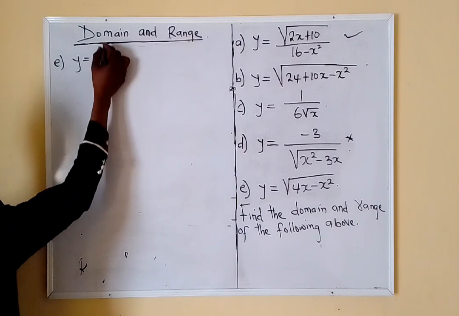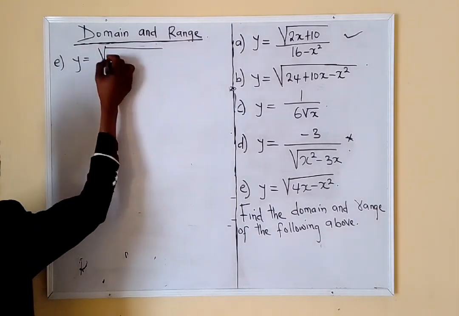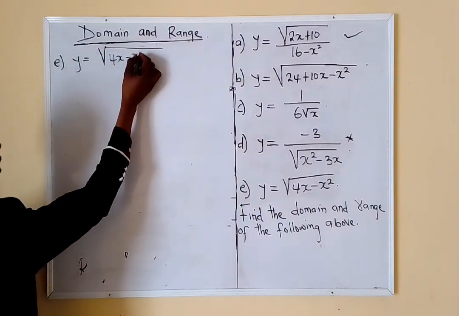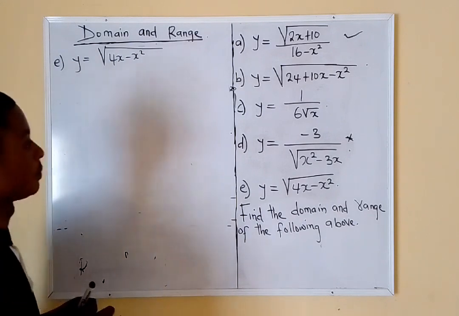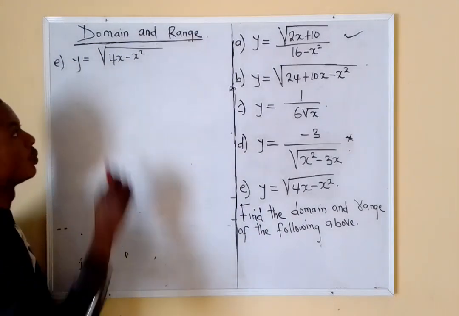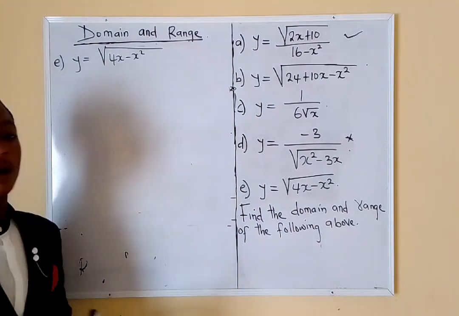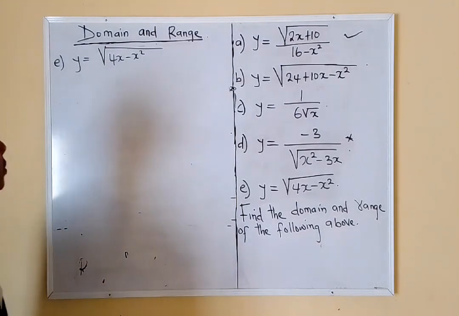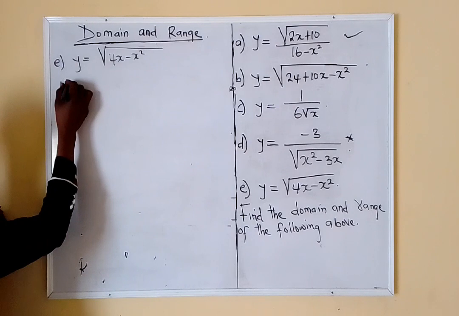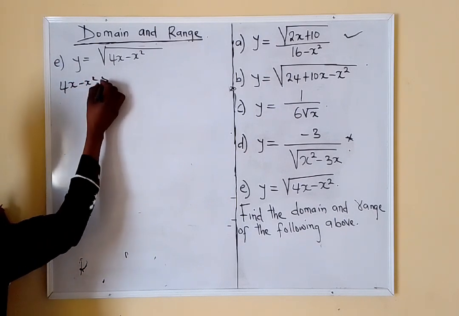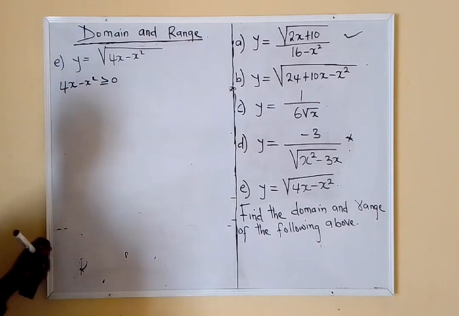That means our 4x minus x squared must be greater than or equal to 0. To factor out what is common, x is common, so we will have x times (4 minus x squared) is greater than or equal to 0. Alright, so 4 is the same thing as 2 raised to the power of 2.